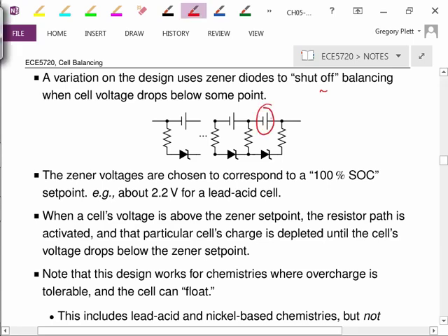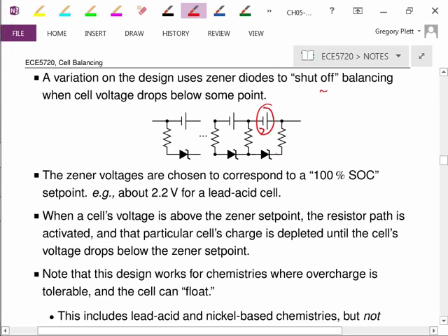So if this cell goes above the Zener diode cutoff voltage, then the diode starts conducting, and the cell is going to then dissipate through this loop. But as soon as the cell voltage goes below the Zener diode cutoff voltage, then the Zener diode stops conducting, and we stop dissipating energy through those resistors.